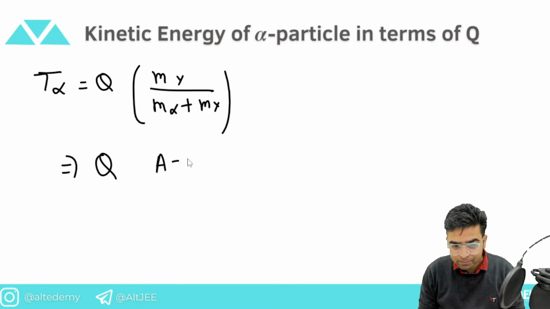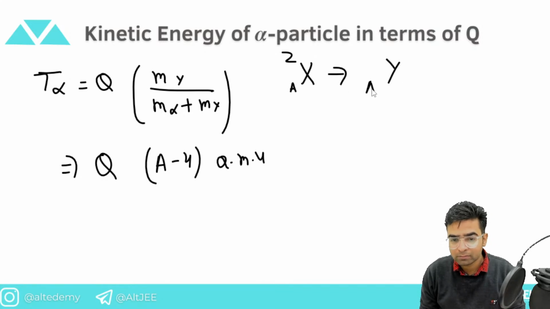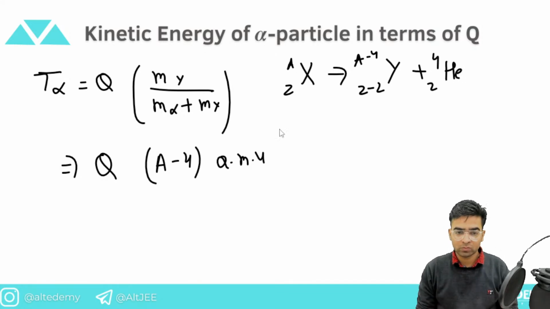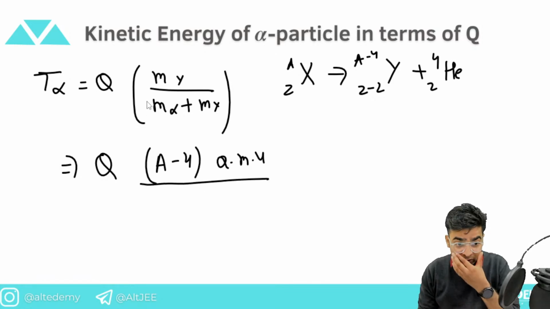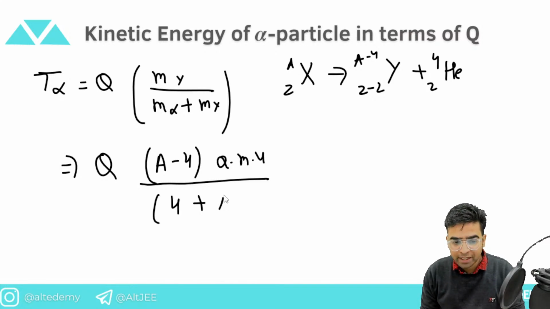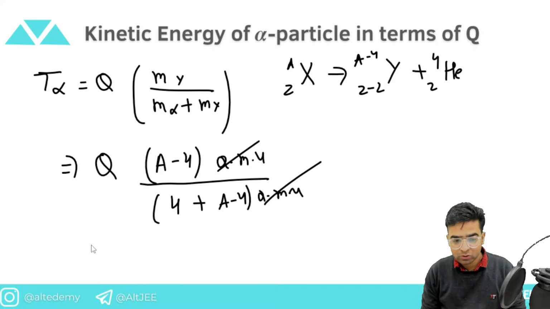So the daughter's mass number is A minus 4, and the alpha is 4, so A minus 4 AMU plus 4 gives A AMU. Cut.